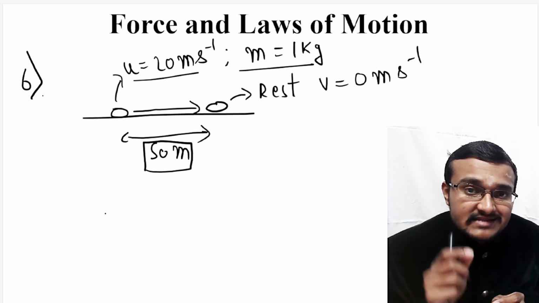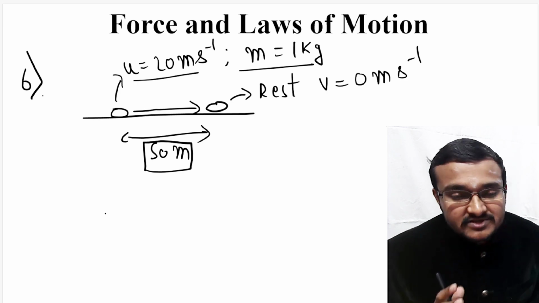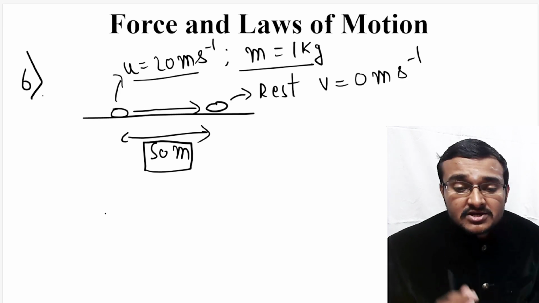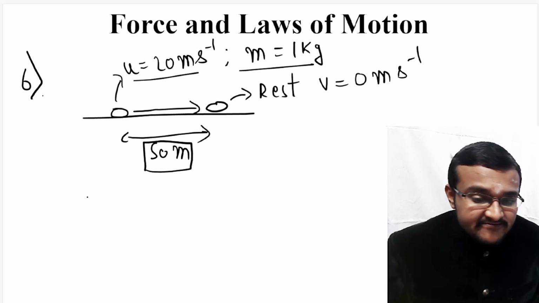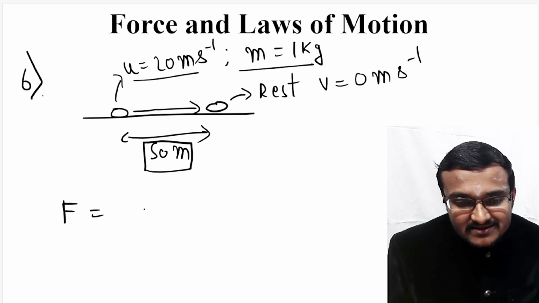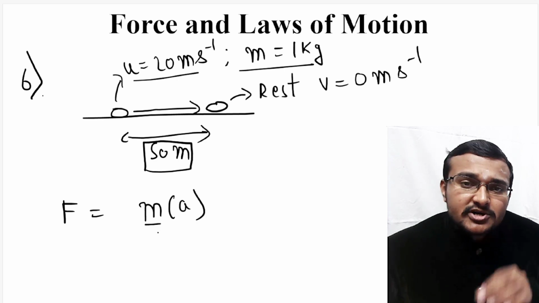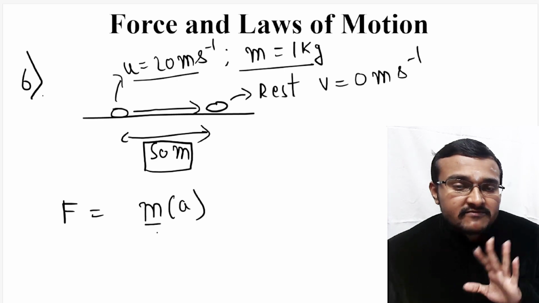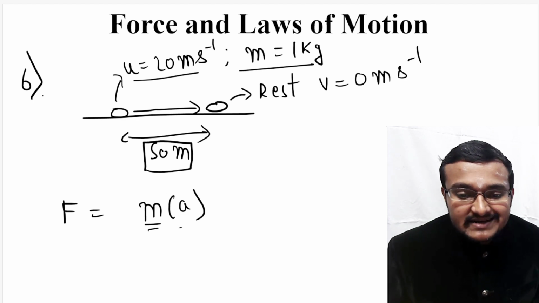Now you have to calculate that frictional force which opposed the direction of motion of this stone, applied by the ice. Based on all this data, you have to calculate force, but in order to calculate the force, mass times acceleration is required. To calculate this force, which is opposing the direction of motion of the stone, we want mass and acceleration.